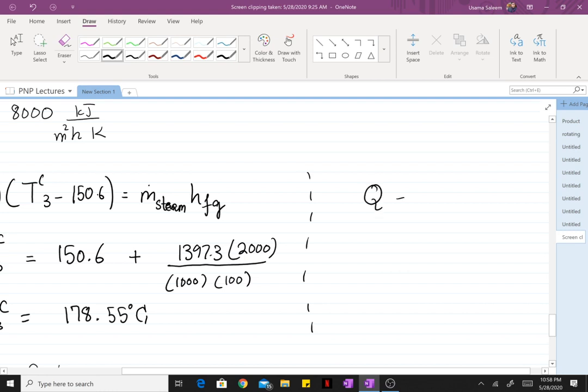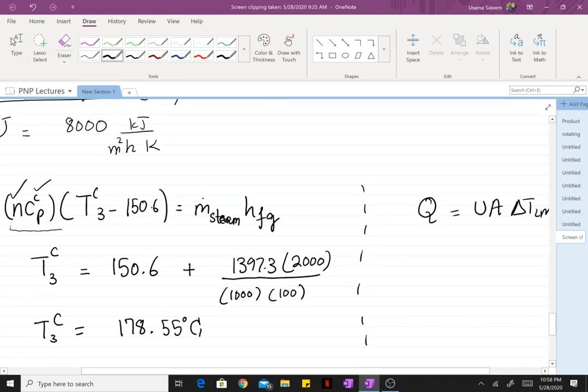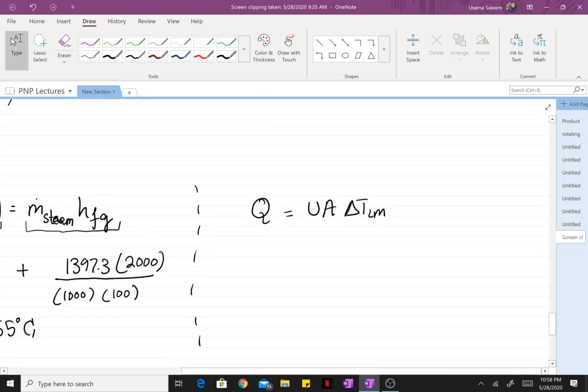Our good old design equation, Q equals UA times delta T log mean. Q once again is going to be equal to either the flow rate times heat capacity of the process stream, or you can just use the mass flow rate of steam times the heat of vaporization. I'm just gonna use the steam.